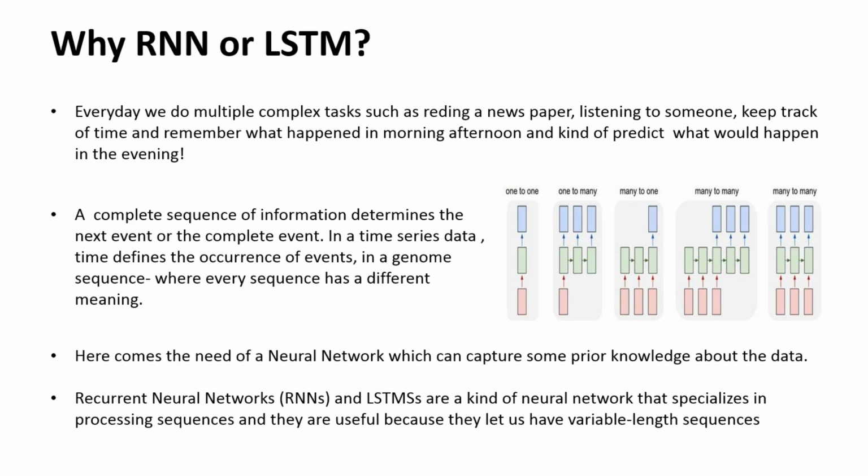We can have one input and one output, and we can have multiple inputs and one output. This is a very big advantage of using RNN, which takes variable length sequences as input or gives a variable length sequence as output.